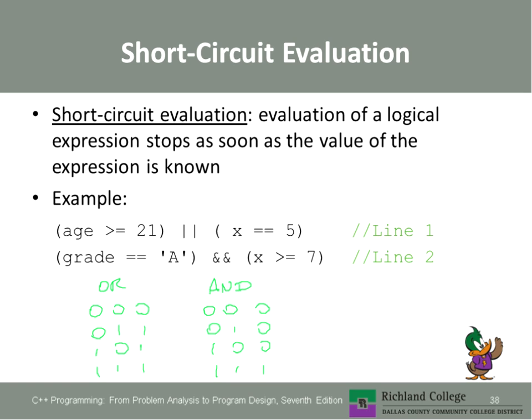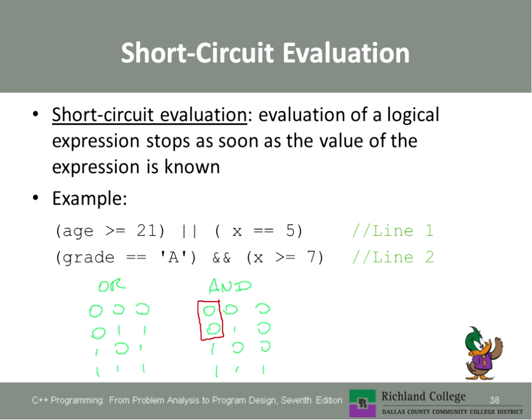Okay? Now here you can see that with AND Boolean logic, if the system reads a 0 on the left-hand side, remember, Boolean expressions are evaluated from left to right.